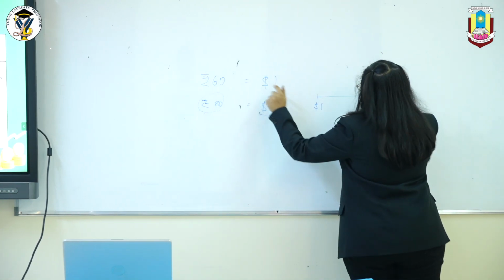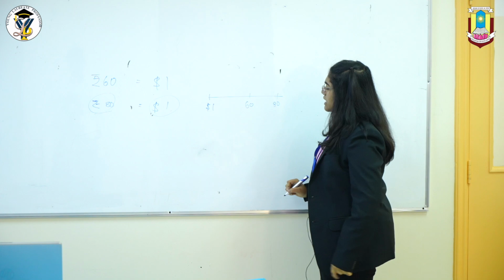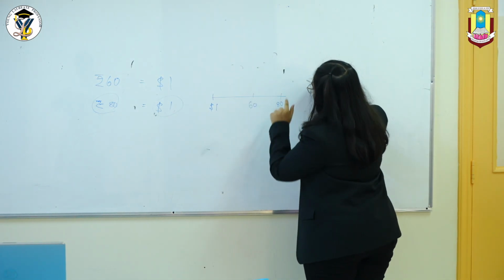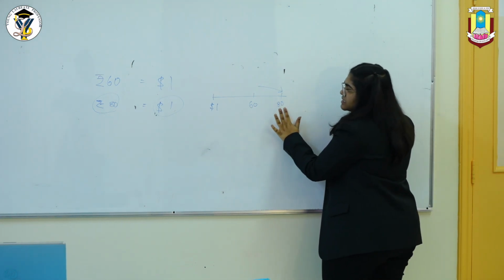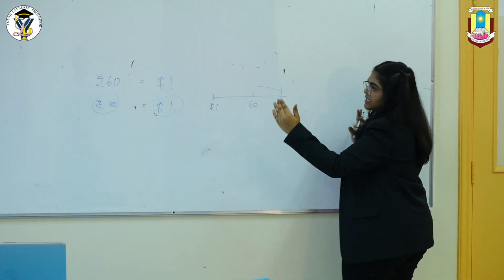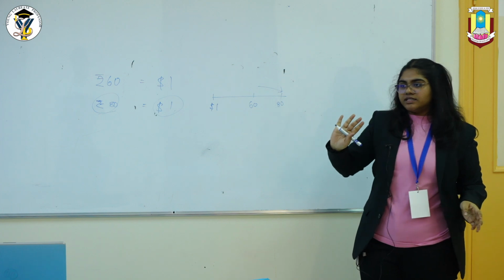Earlier, it was 60 rupees. Now, it has turned to 80 rupees. From 60, it has come to 80, which means the distance between $1, the foreign currency, and the domestic currency is increasing. If the distance increases, value of domestic currency decreases.